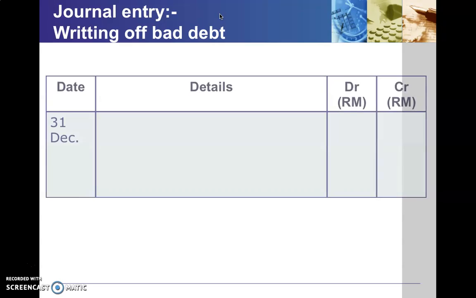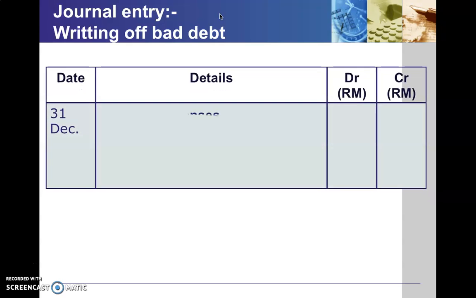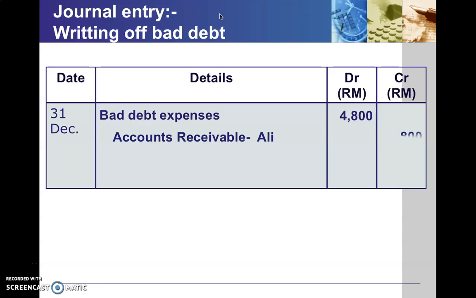Journal entry writing off bad debt. Date 31st December. Debit bad debt expense 4,800. Credit accounts receivable, Ali, 4,800. Description: to record writing off Ali's account.